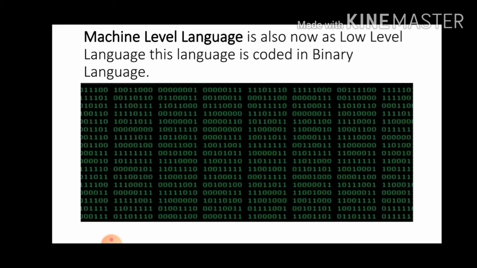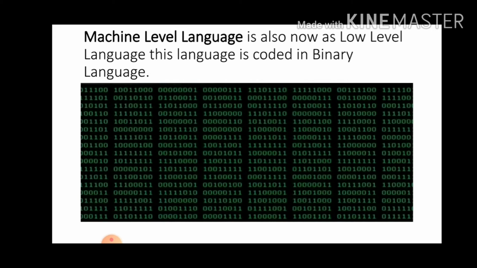A memory is a place where the computer stores all the data. Machine level language is also known as low level language, and this language is coded in binary language. So binary means what? Zeros and ones.